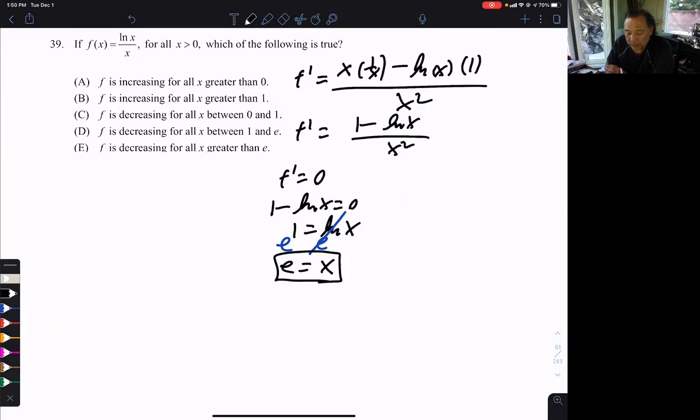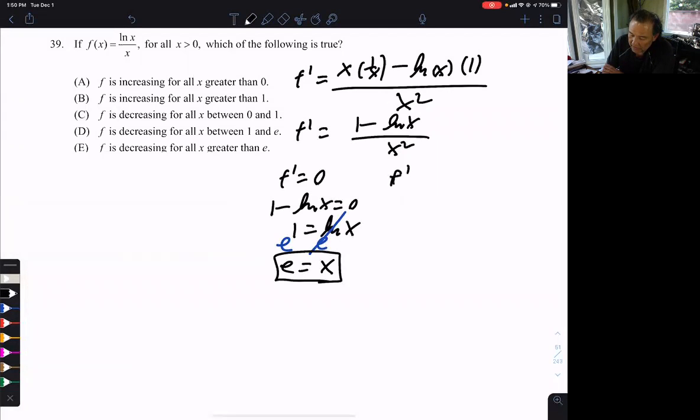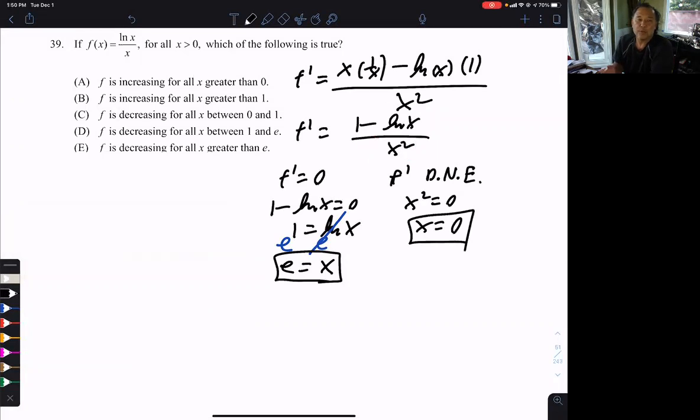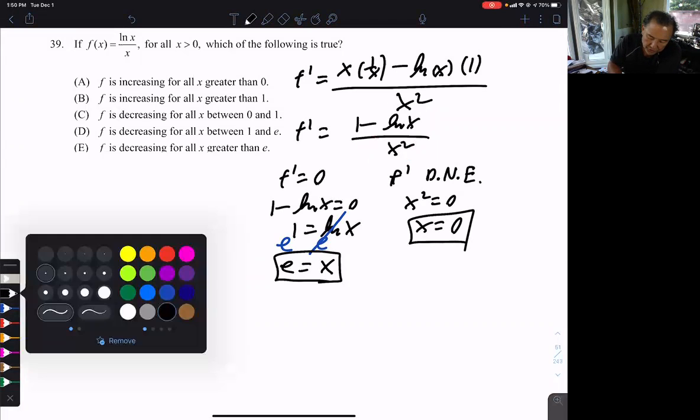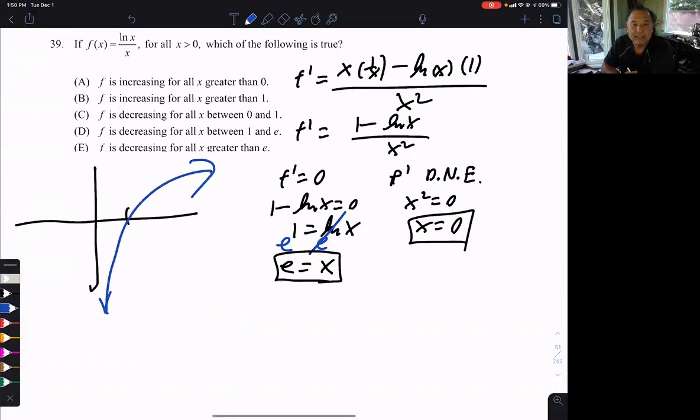All right, where else do we have critical points? Well, you would say when the derivative does not exist. And you might say when the denominator is 0, and you might conclude that is a critical point, but it actually is not. And here's the important part. You have to know what the ln of x looks like. ln of x looks like that.